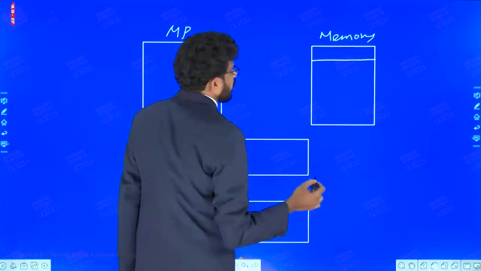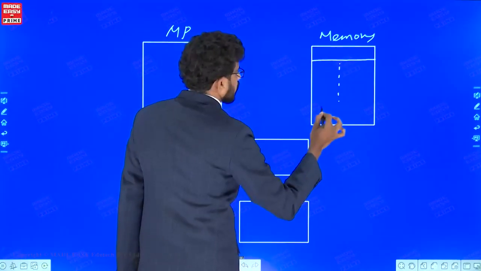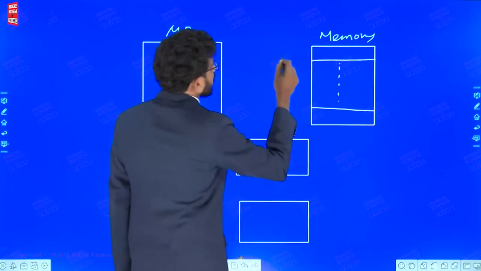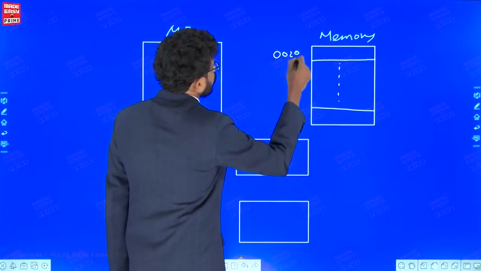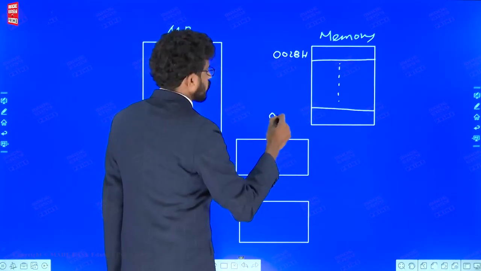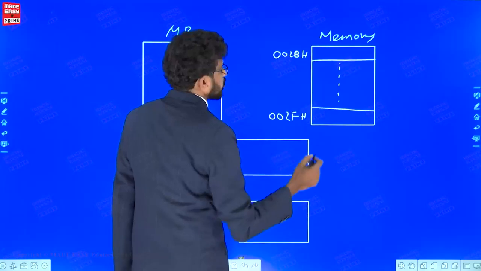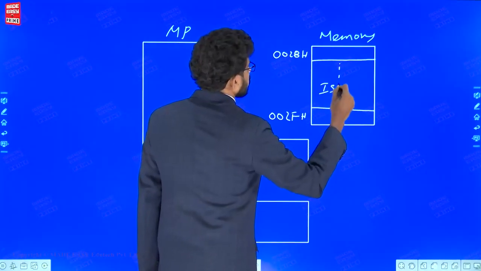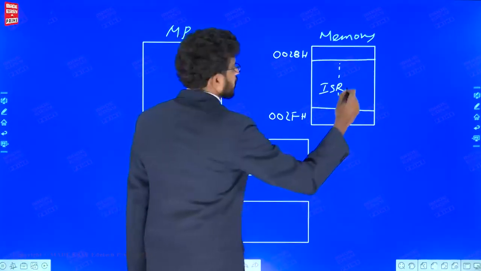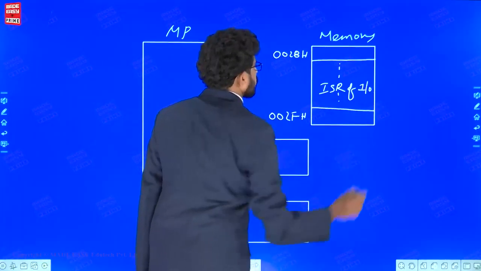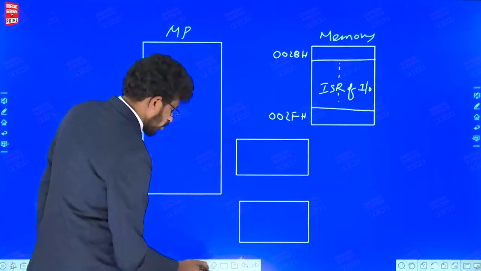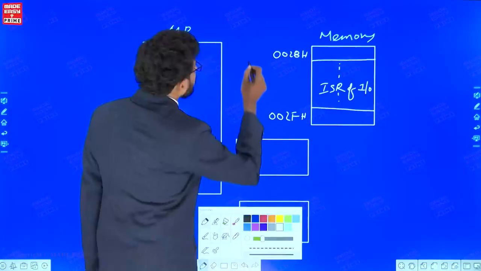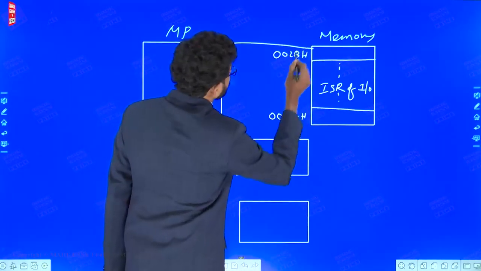So RST5 vector locations, 0028 to 002F. So this is where the ISR of IO is present. Means application program. And by the way, you know that memory is connected with the processor, that is common logic.